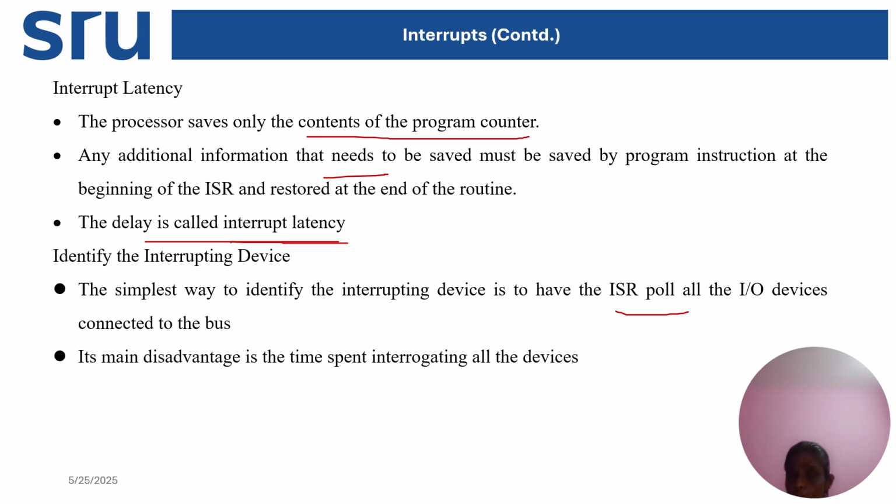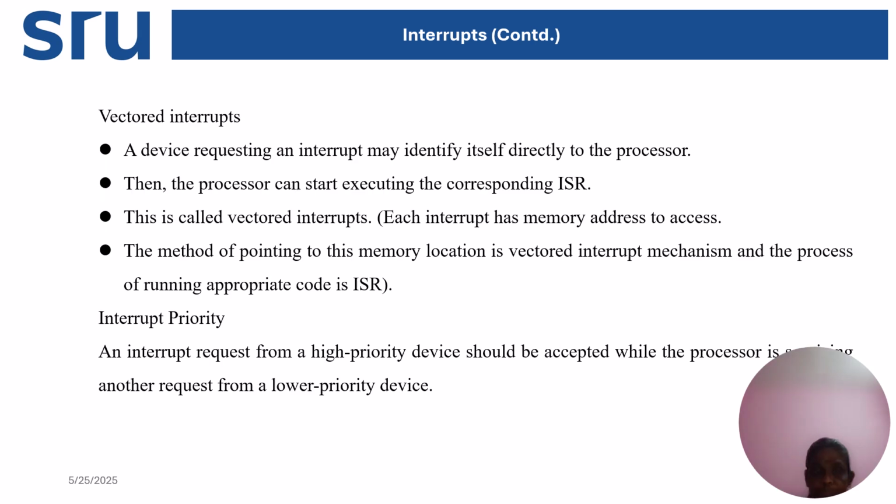That is ISR poll, of all the devices. Its main disadvantage is the time spent in interrogating all the devices one by one. If we assume 100 IO devices, it has to ask all 100, so interrogating all the devices will automatically take time, and more time will be spent.